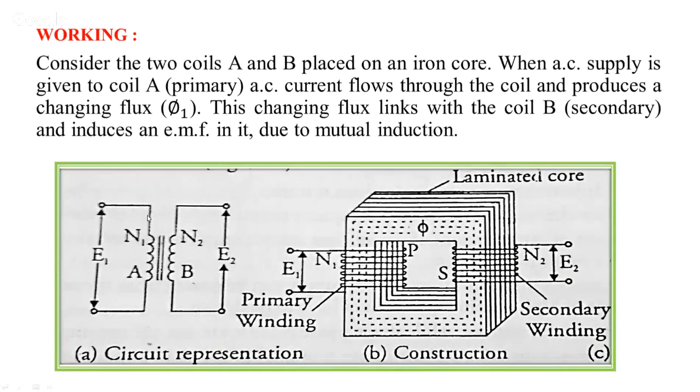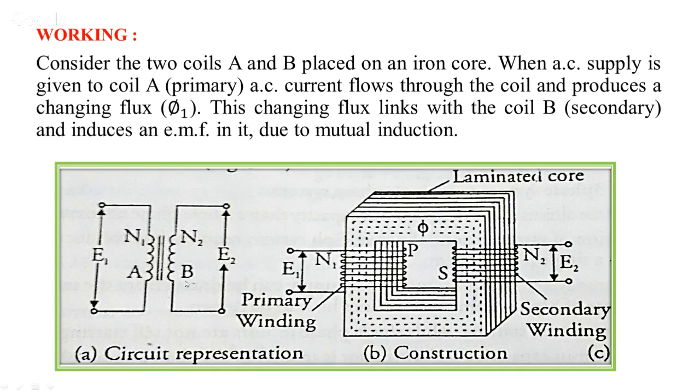Now, the working of a transformer. So here you can see A here is one coil which is connected to the supply E1. Let N1 be the number of turns on this coil, and this is called as the primary, which is connected to the supply.